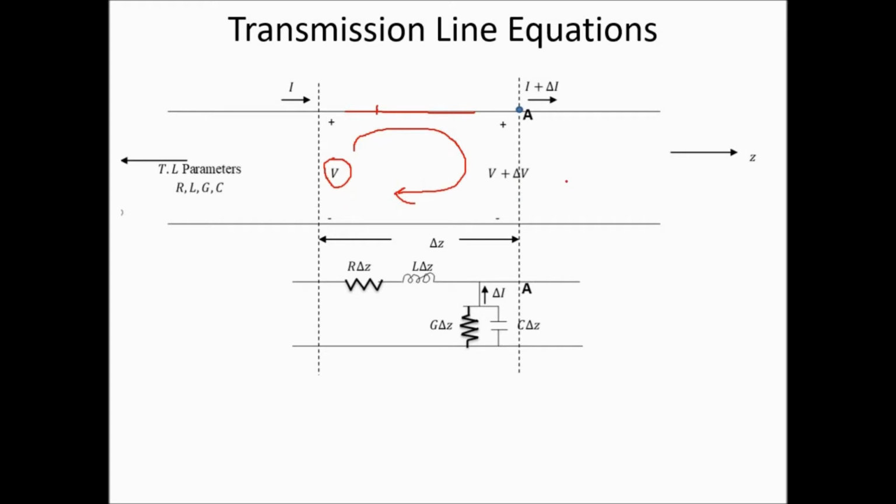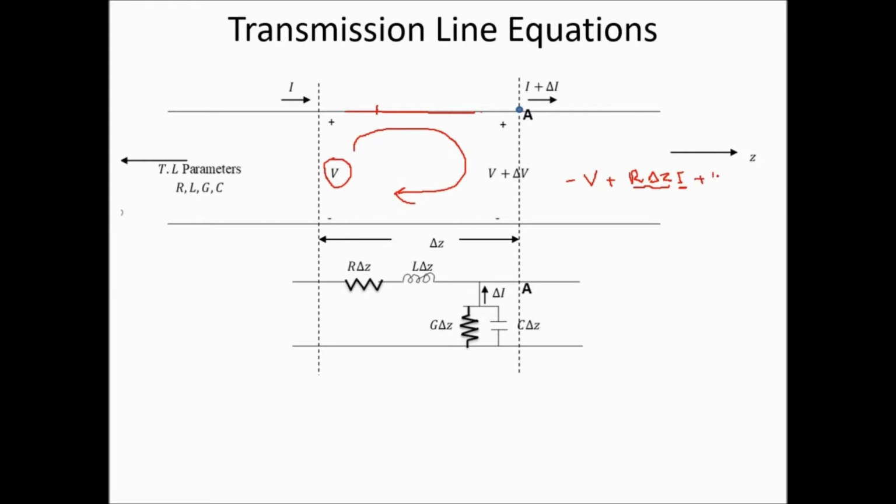So how many voltage drops will there be along this path? That is R delta Z times I. That's the voltage drop here, the total resistance times I.